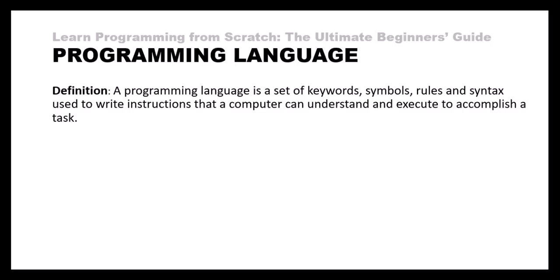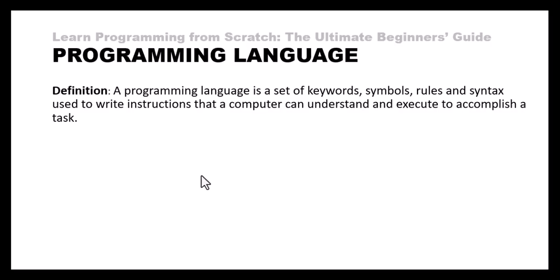Now that we know a computer always needs to be given instructions to execute, it is a programming language that we use to write those instructions. That is what a programming language is.